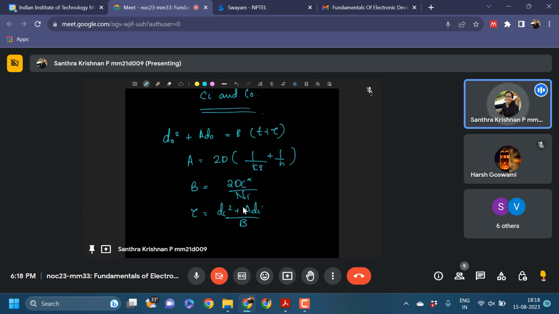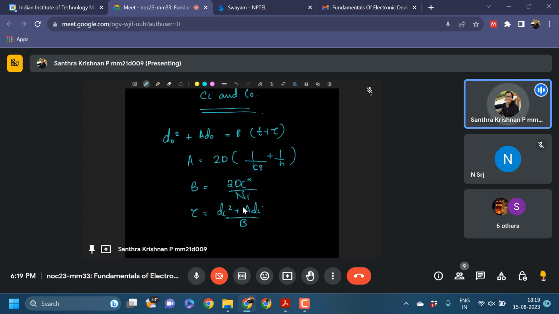B again is a constant and here Ni is the number of oxide molecules that are incorporated in the oxide layer. So these are the constants that are there in A, B and tau. So is that clear till now?